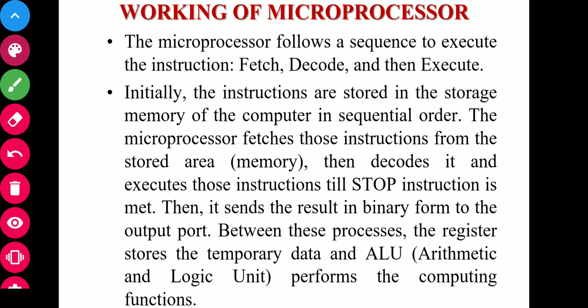Then it sends the results in binary form to the output port. Between these processes, the register stores the temporary data and the ALU performs the computing functions. So this is the working of a microprocessor. Generally, this is the typical operation of a microprocessor, and it is applicable to any kind of microprocessor.